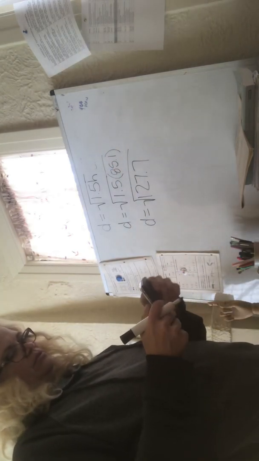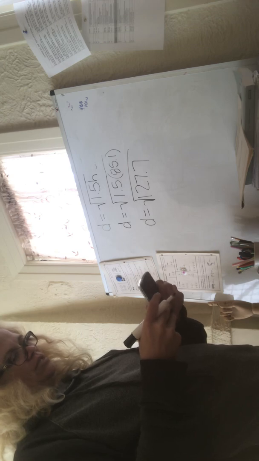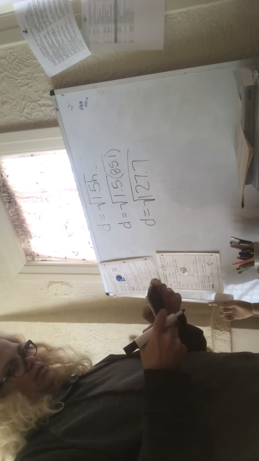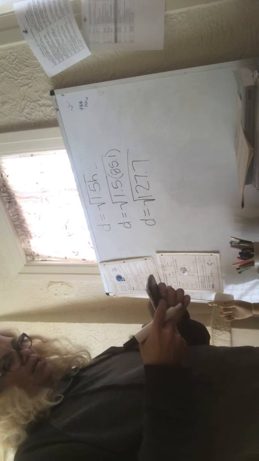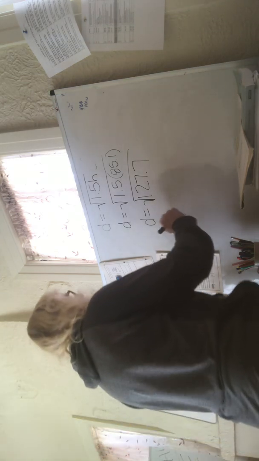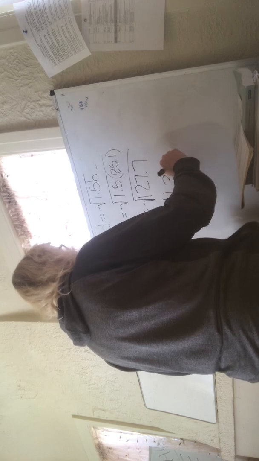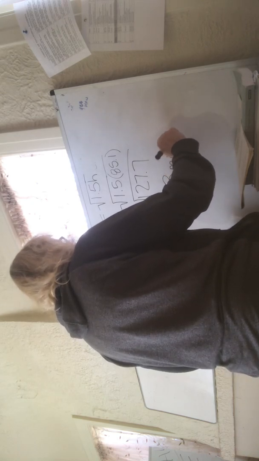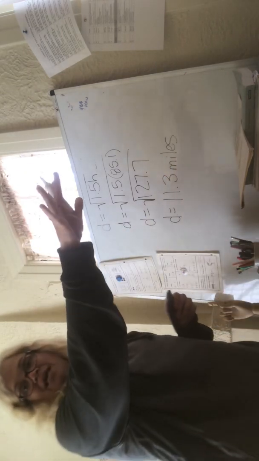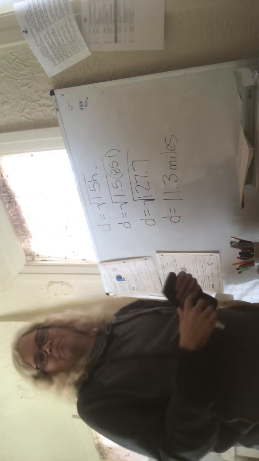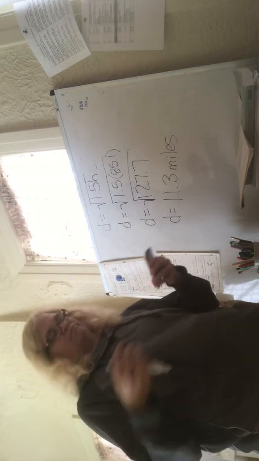This is still inside the square root. Then I do the square root. Whoops, hold on. 127.7 square root. I got 11.3. So in other words, if I'm standing at the top of an 80-foot tower, the horizon that I see is 11.3 miles away. Easy peasy, right?